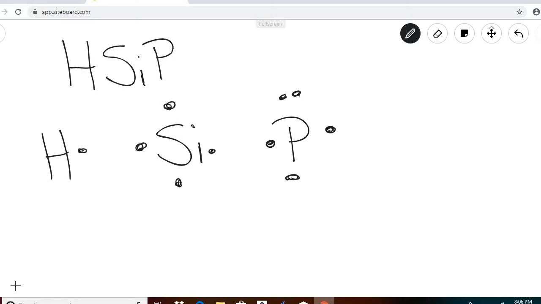So this one's fairly easy because we can pair up the hydrogen and the silicon at their unpaired electrons, and then that leaves the silicon and the phosphorus each with 3 unpaired electrons, so we can move all of those into the middle and create a triple bond.